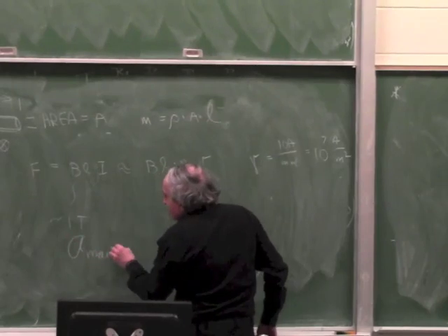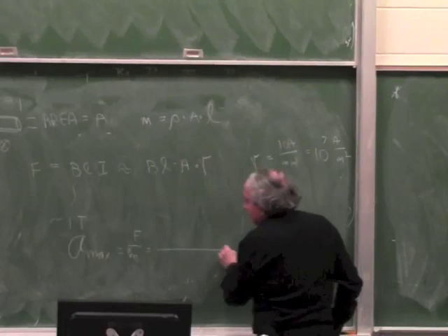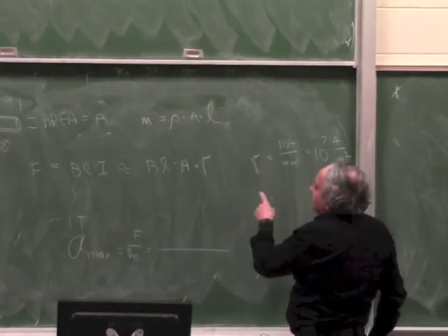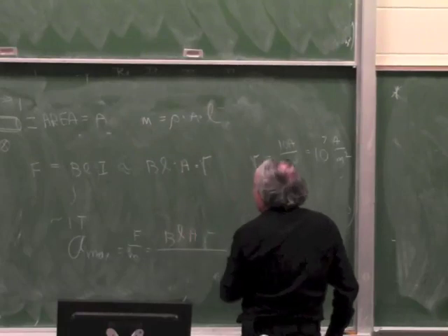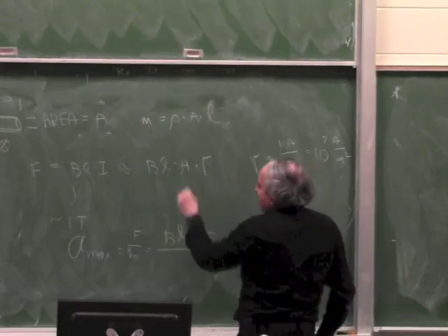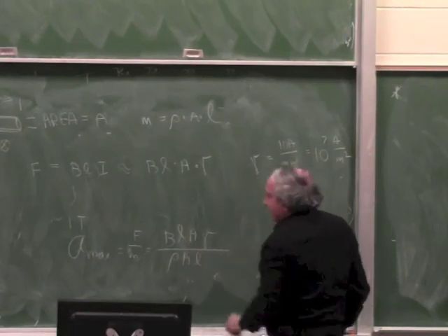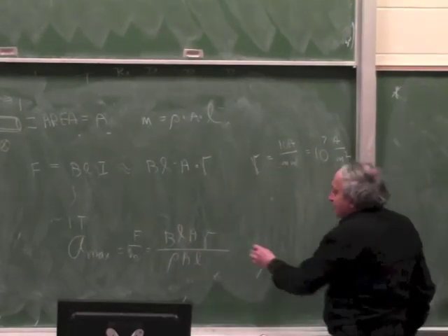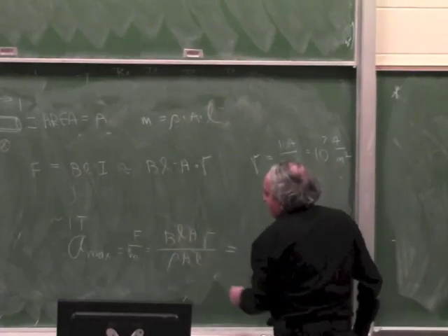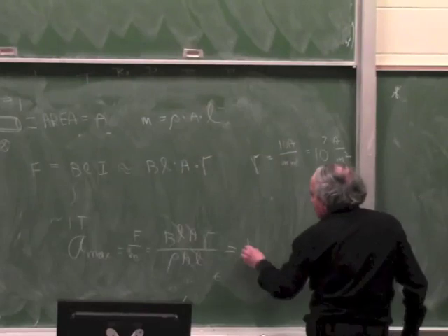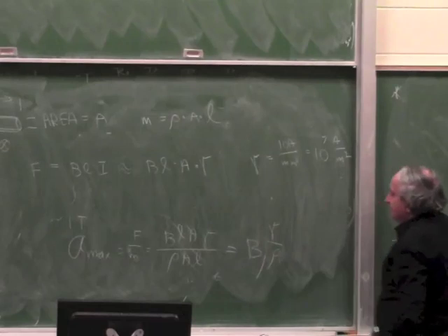Okay, so now when I want to find maximum acceleration, a max, I simply divide F by M, okay, and F is B L A gamma, divided by M, which is rho A L. And you can see it's completely simple, that A cancels out, L cancels out, and I'm getting B gamma divided by rho.